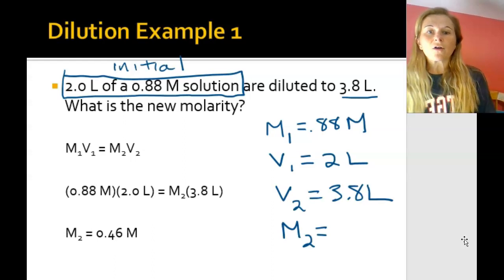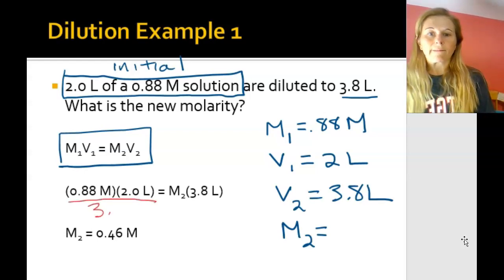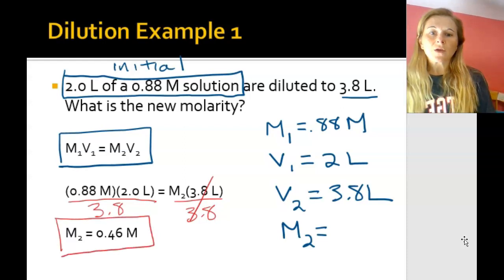We fill all these values into the formula, and we can see it all substituted here in the second round. To get our answer, we divide both sides by 3.8 so that this cancels out. And therefore, our final concentration will be 0.46 molar.